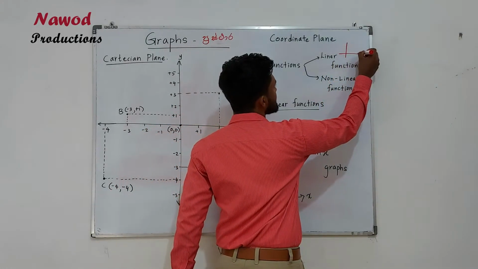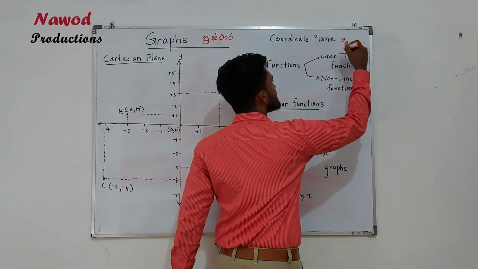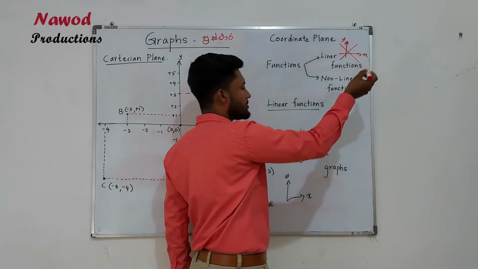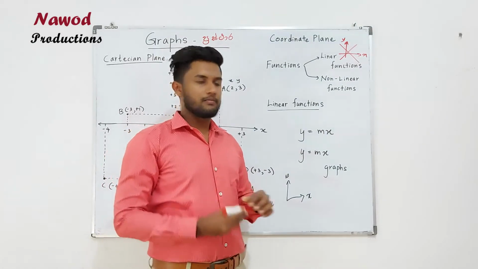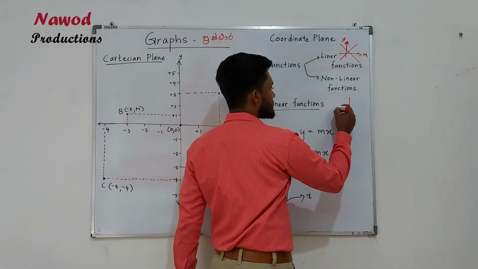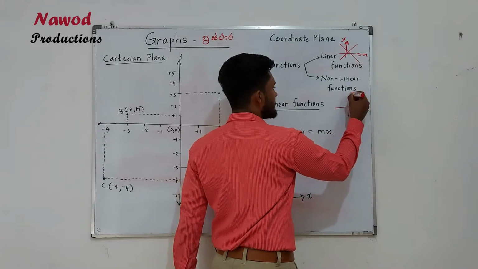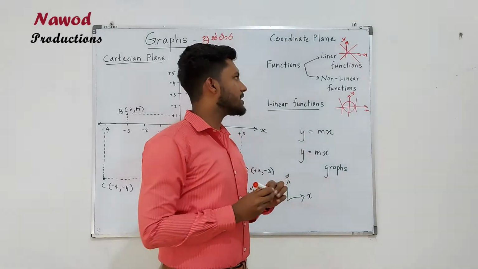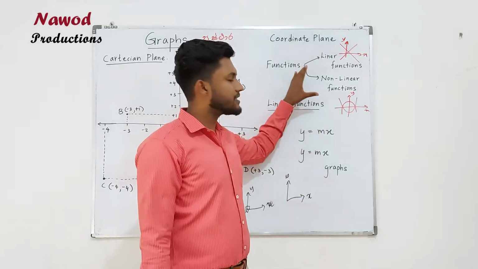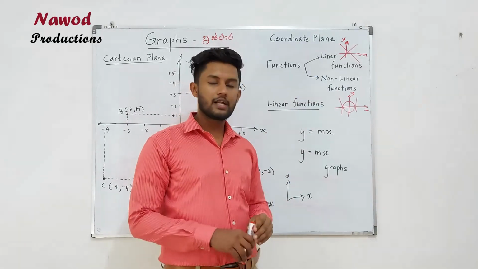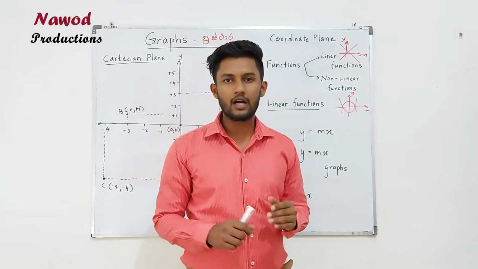Here, when considering the x and y axes, it can go through the origin or else to the other side when considering linear functions. In non-linear functions, normally with the x and y axes, it is curved. It is not like the linear functions. When considering the GCE Ordinary Level examination, both linear function and non-linear function questions come.